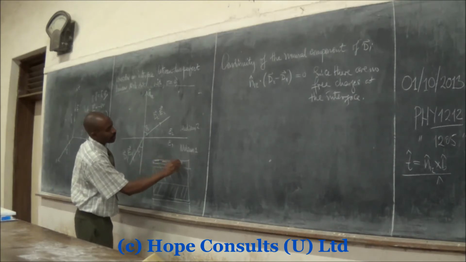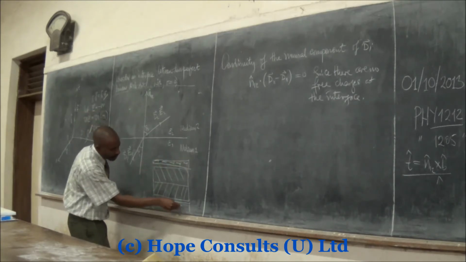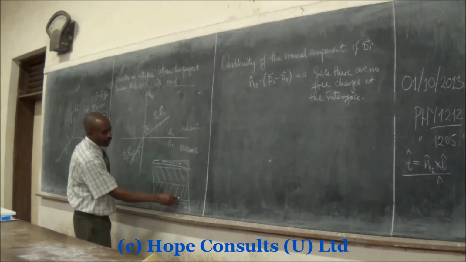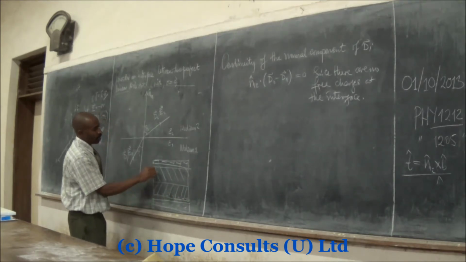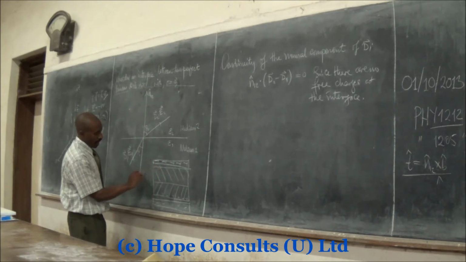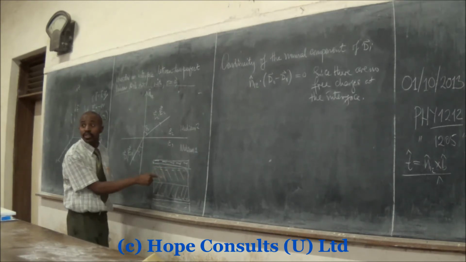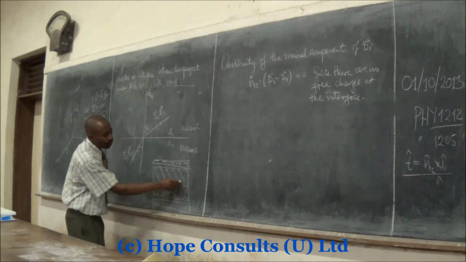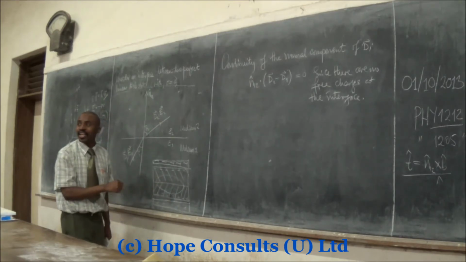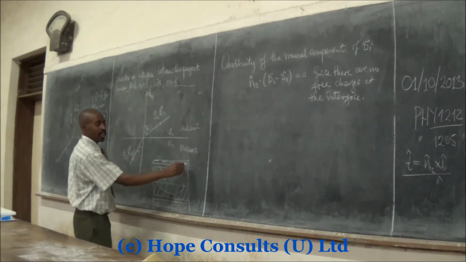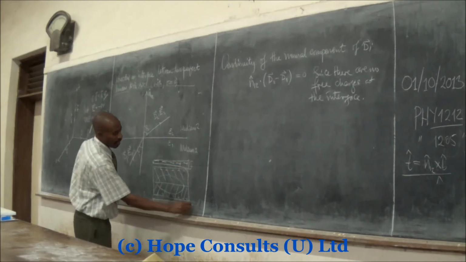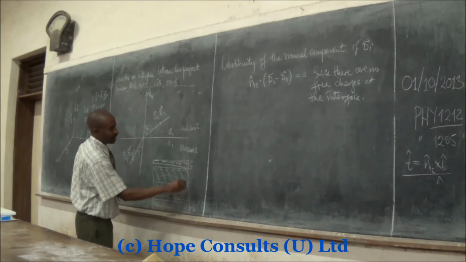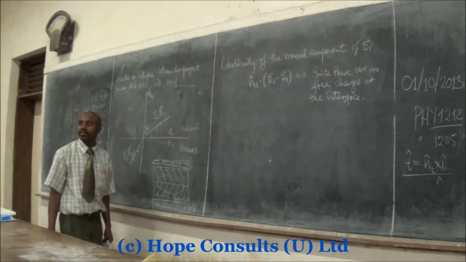So if this was the positive plate and this is the negative plate, the positive bound charges drift to the negative side and the negative ones drift to the positive terminal, and you won't find any free charge at the interface. The only free charge you find is the free charge density at the plates, and this is free negative, and this is free positive.